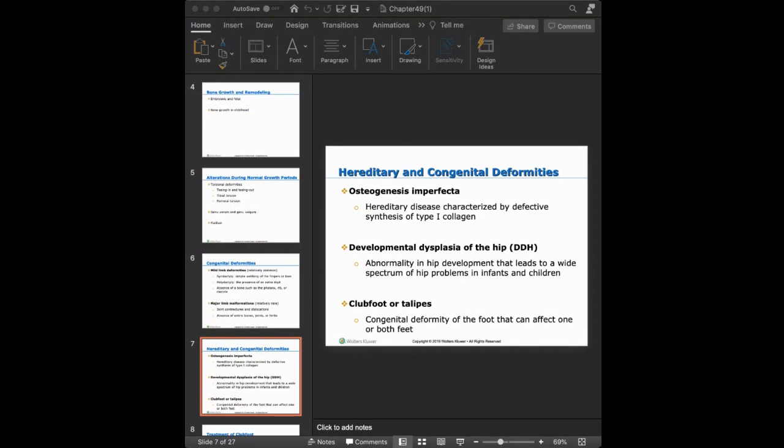Have you all ever seen Glass, the movie Glass? Anybody? The character, Samuel L. Jackson's character in the movie Glass, had osteogenesis imperfecta.